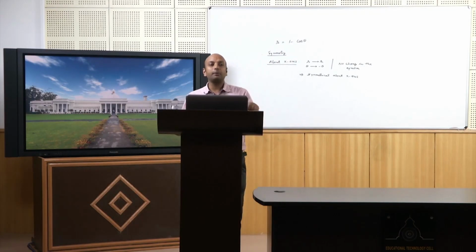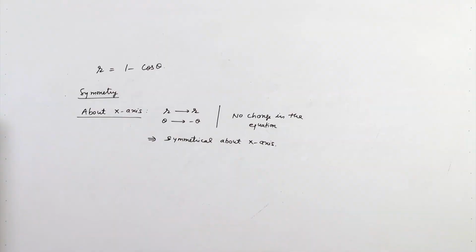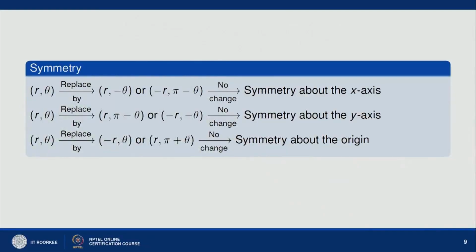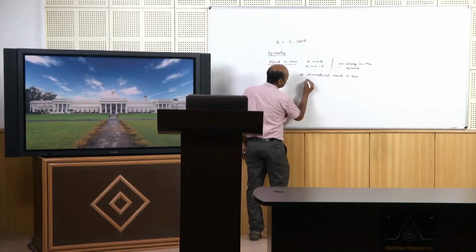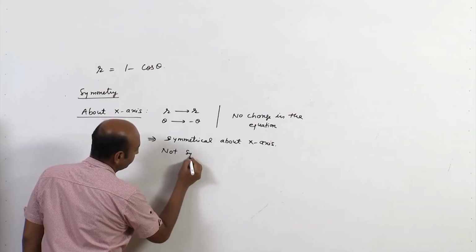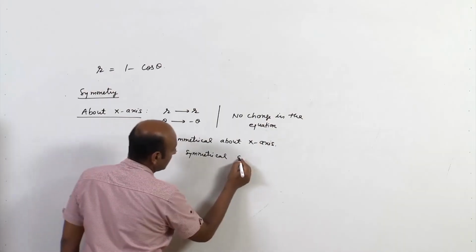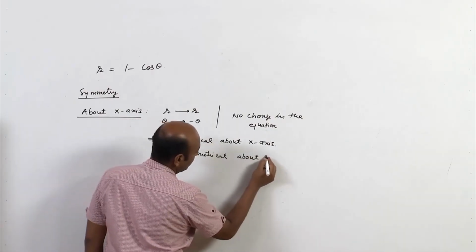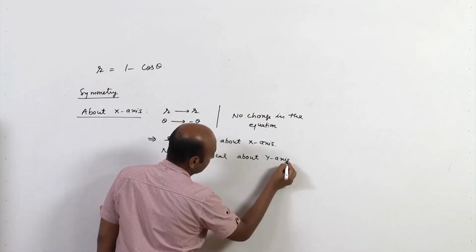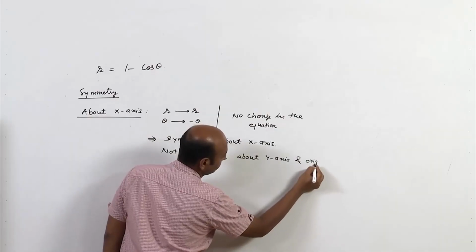And the other 2 points will also not satisfy. So, we can say that this is not symmetrical about y axis or about origin.